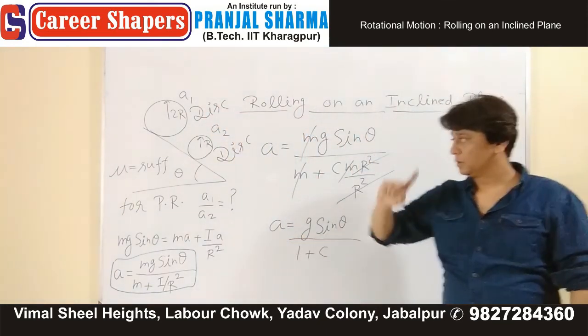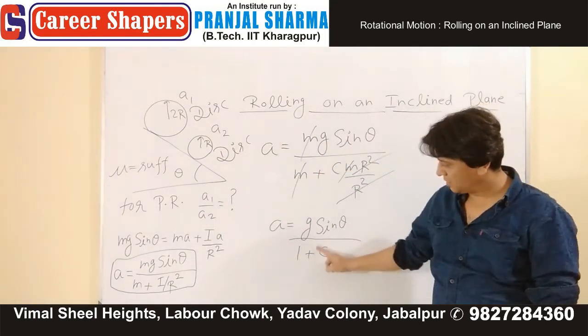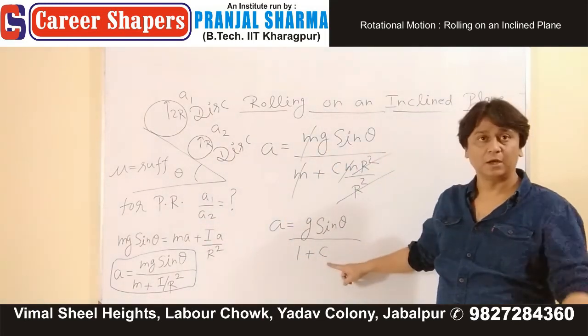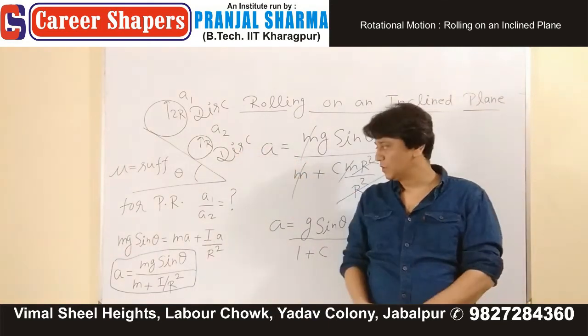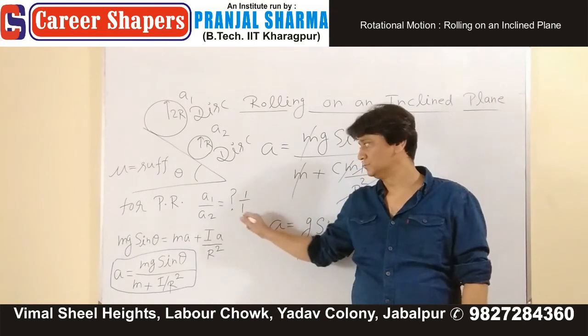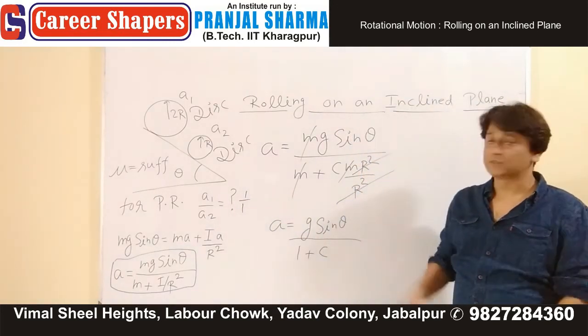A during pure rolling depends only on what? Type of rolling body. They both are disc, and therefore answer is what? 1:1. It's that easy.